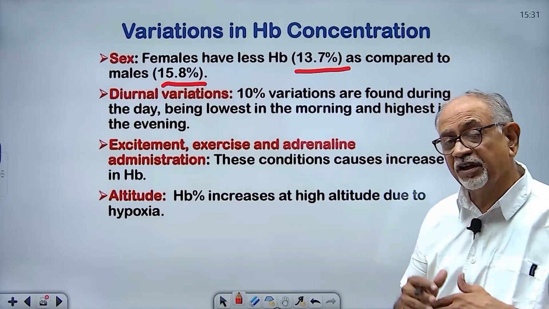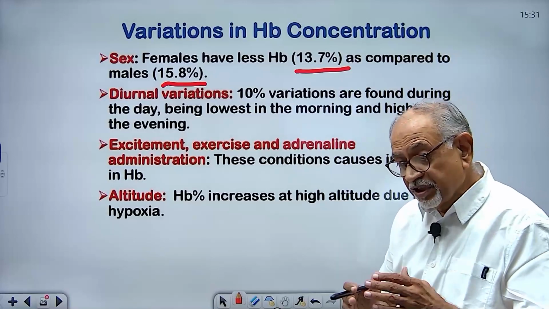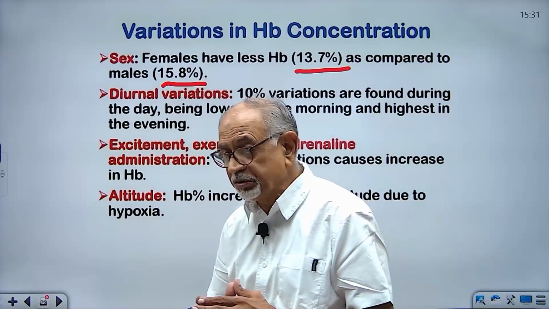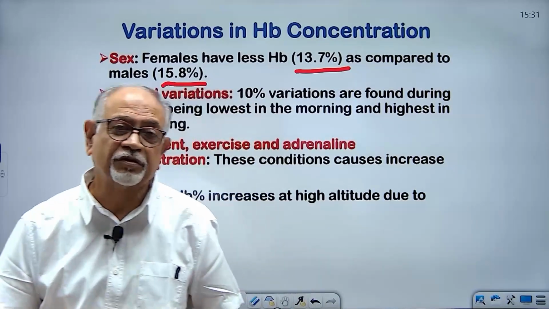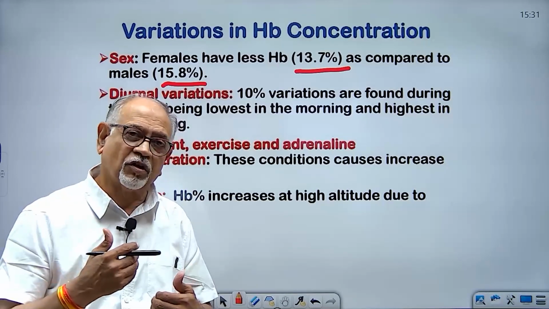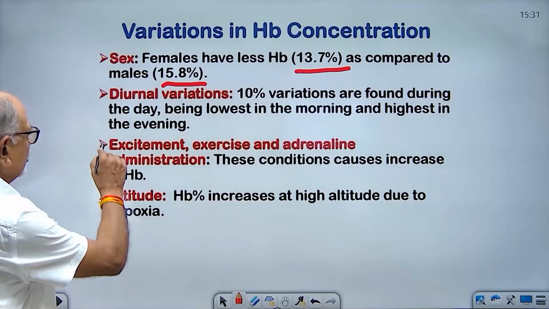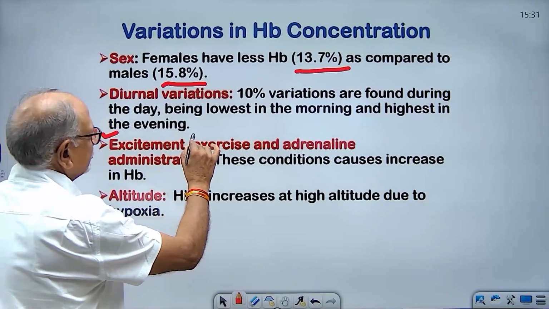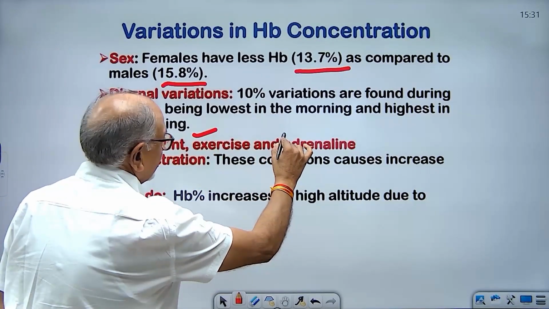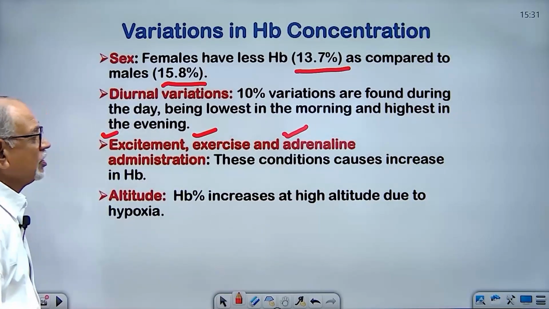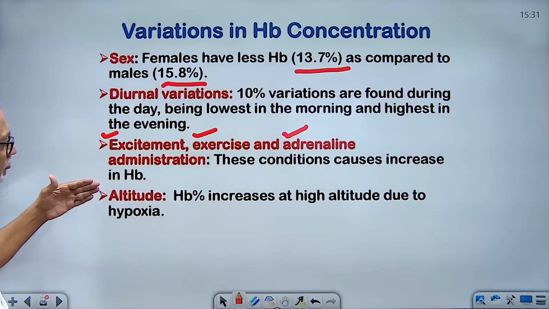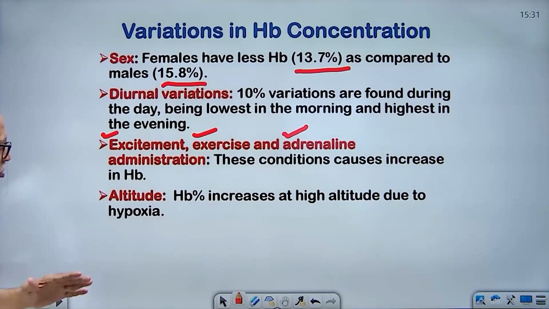Then certain conditions increase the RBC count and also increase the amount of hemoglobin in the blood, such as excitement, exercise, and adrenaline secretion. These conditions cause an increase in the hemoglobin percentage.